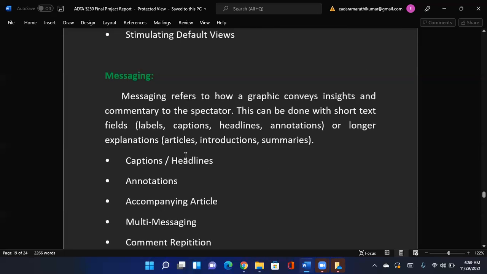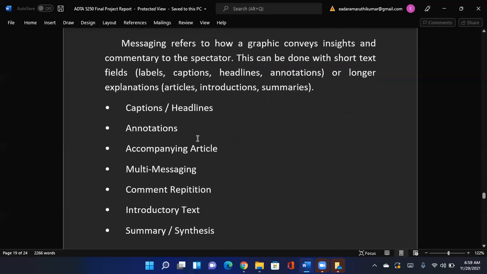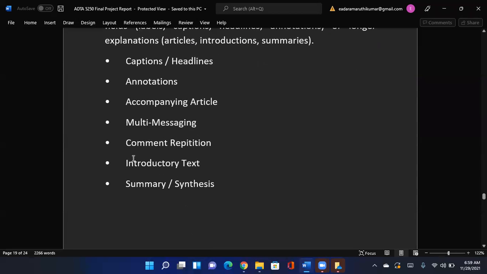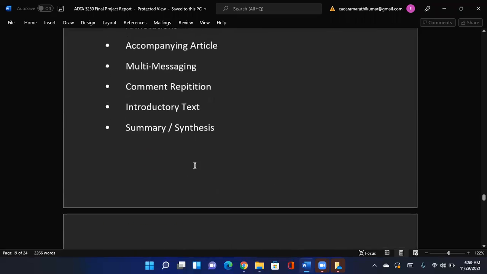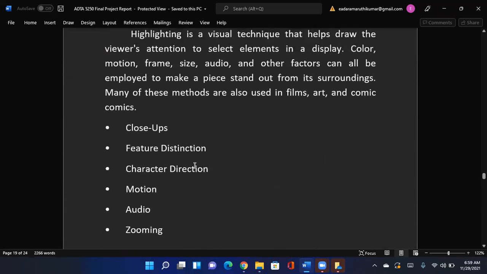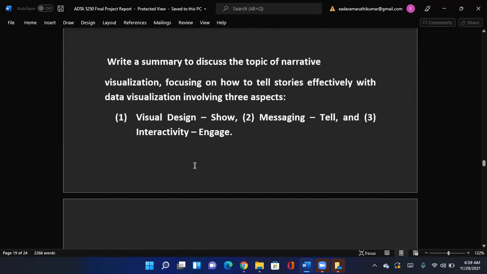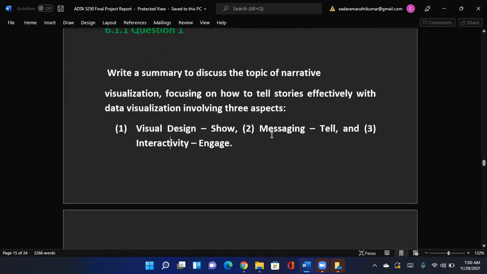Nowadays we see so many articles, and when you go to YouTube, some of the headlines are very funny. These are things they are saying. Also multi-messaging, comment, repetition, and print, inductive text. This is what we will do here. This is basically about visual design, messaging, and interactivity.